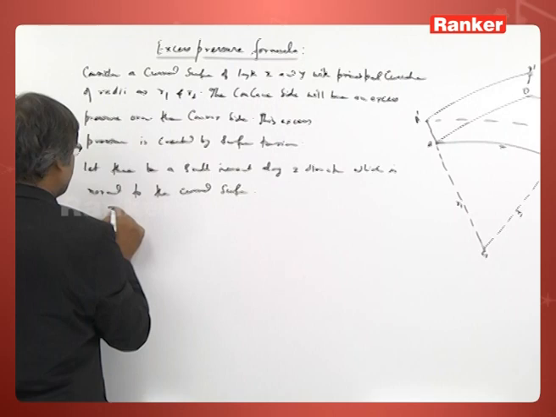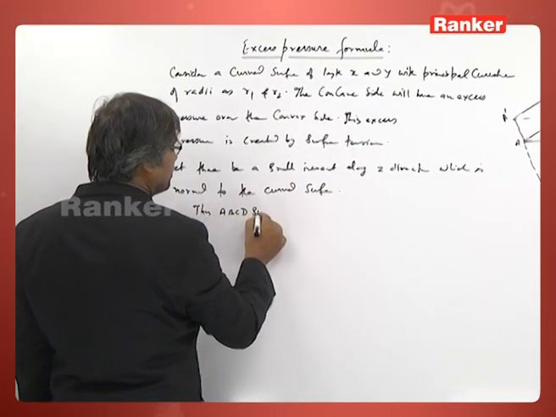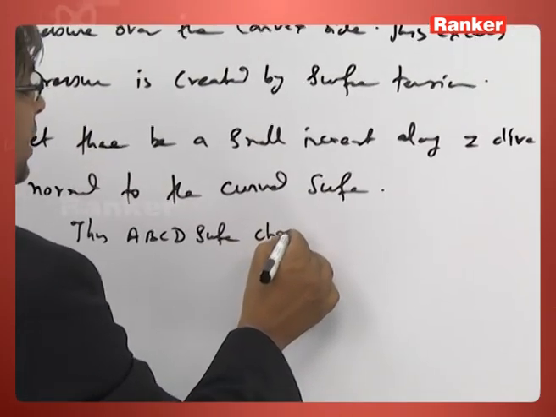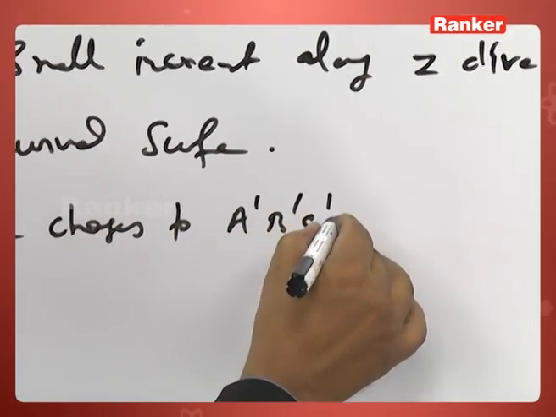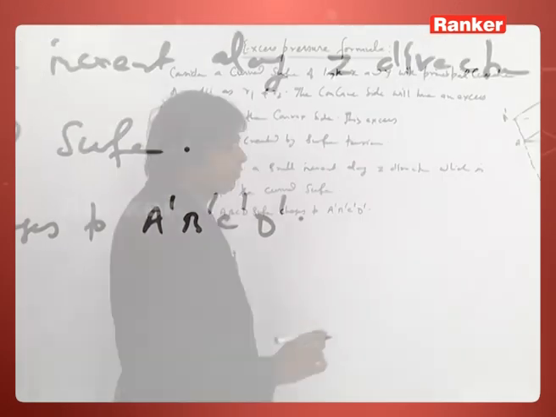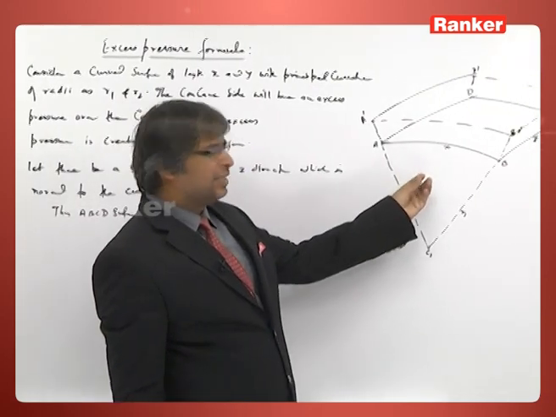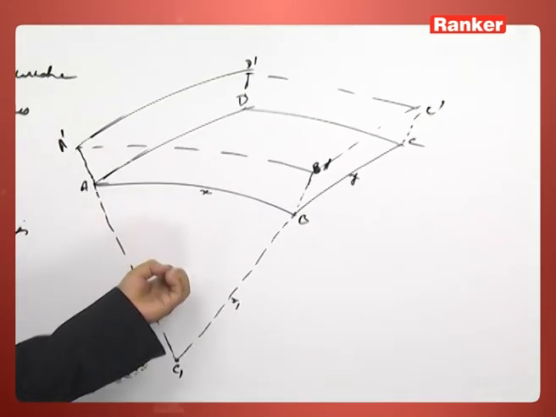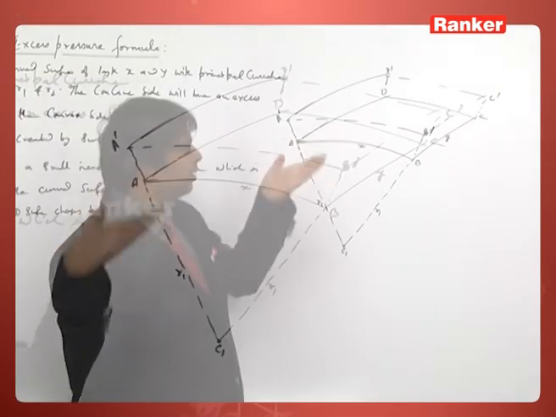Thus the ABCD surface changes to A dash, B dash, C dash, D dash. Let us imagine the small increment in internal pressure has shifted this surface slightly upward.